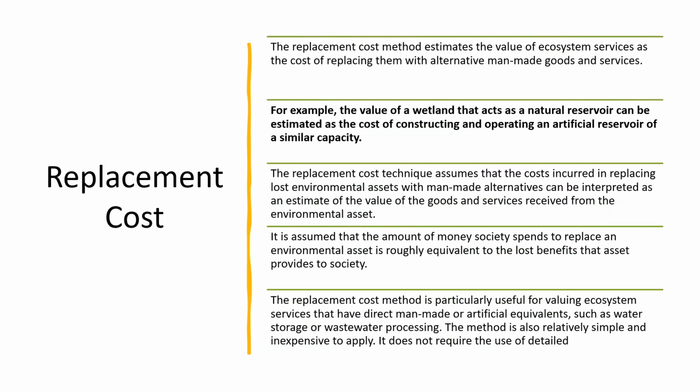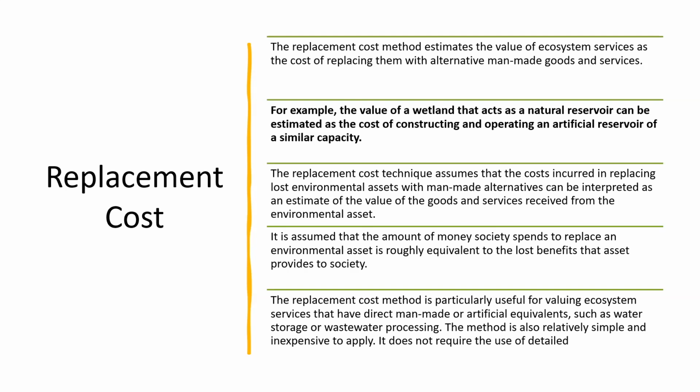And simply as it says, it estimates the value of the ecosystem service simply as a cost for replacing that service with a man-made alternative good or service. A really good example is the example of wetlands, right? Because your wetlands act as a natural reservoir.